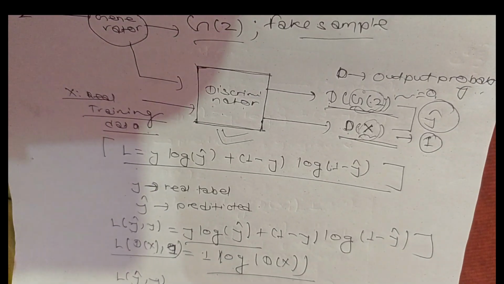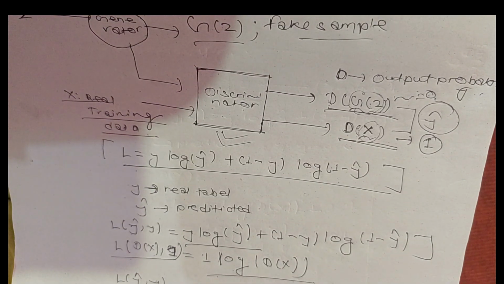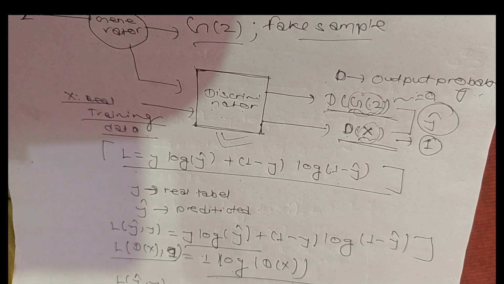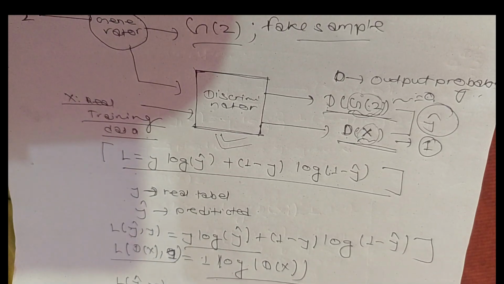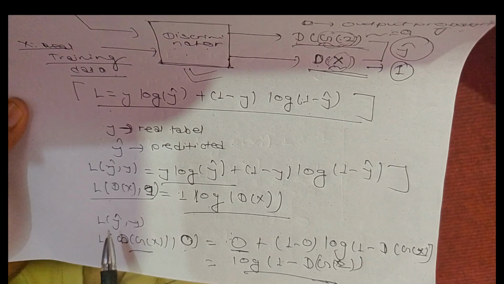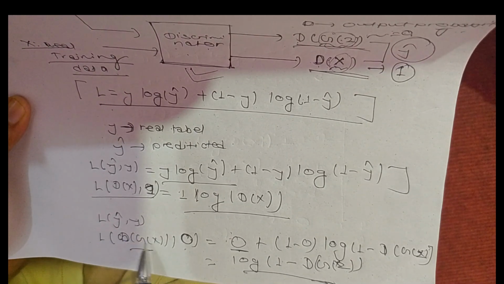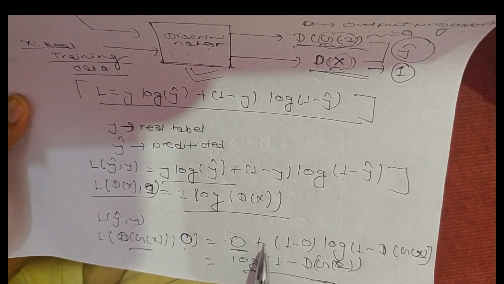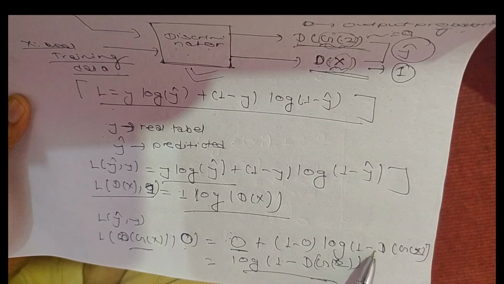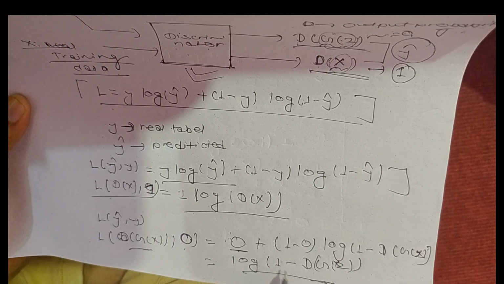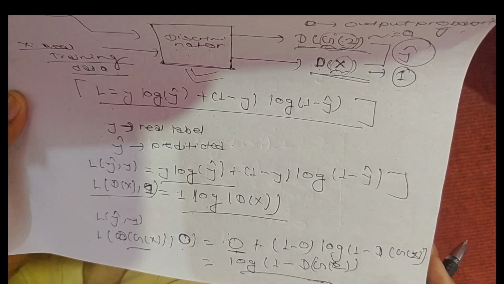Tell me this thing, and first of all we combine both losses, and I will tell you what to do. This is y hat, y is d of g of x, 0, 1 minus log of d of g of x. Just see here and understand yourself.